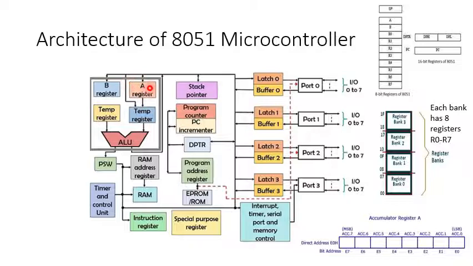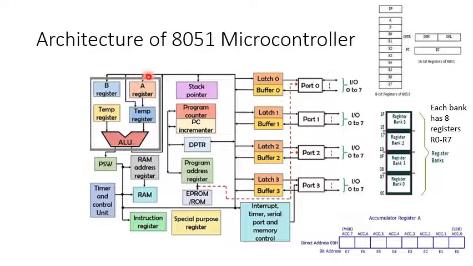A register or accumulator is an 8-bit register. Its address is E0H and it is bit and byte accessible. I will repeat it. Accumulator is an 8-bit register, its address is E0H, that is, we can directly address the accumulator.